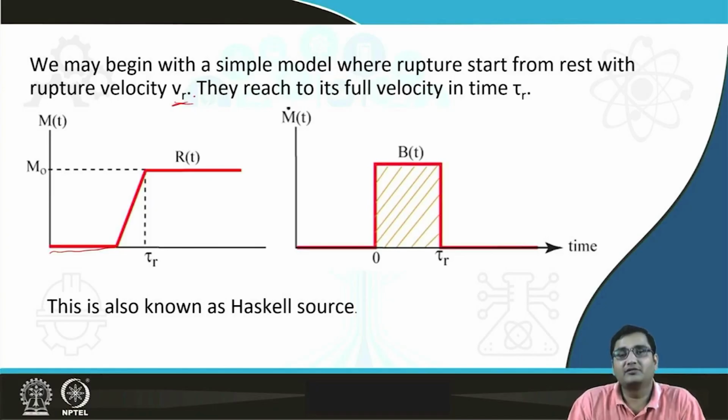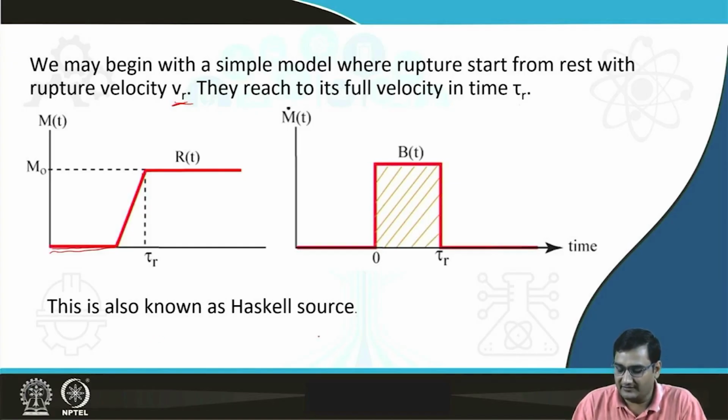You can see here the rupture starts from rest, then it starts to increase and reaches the final velocity, that is V r, and then it stays there at moment M naught. The time it took to reach that particular velocity is tau r, that is basically your rupture time, tau r.